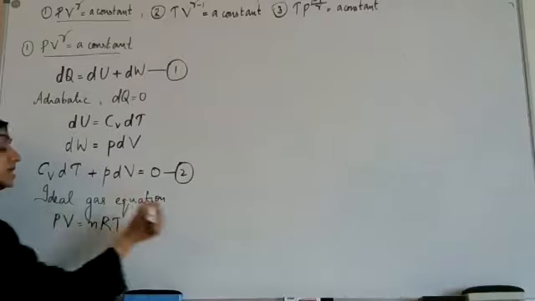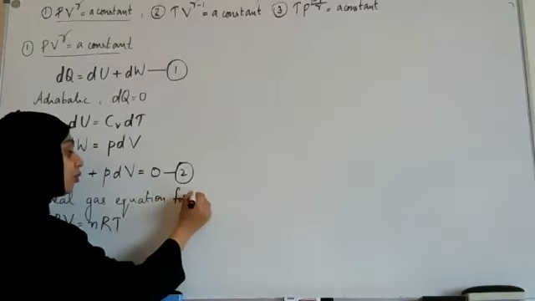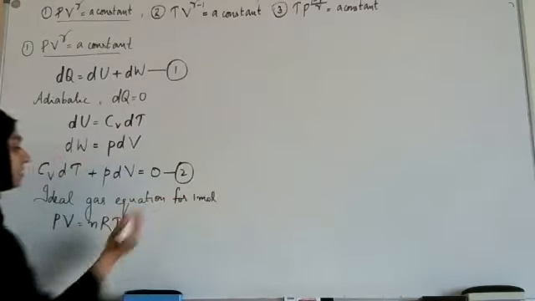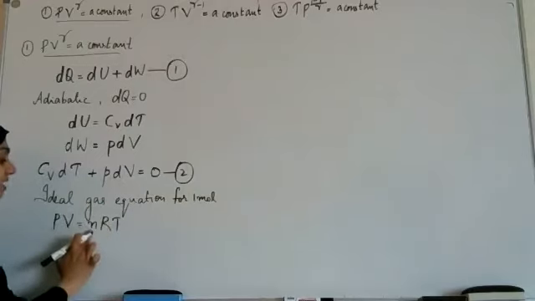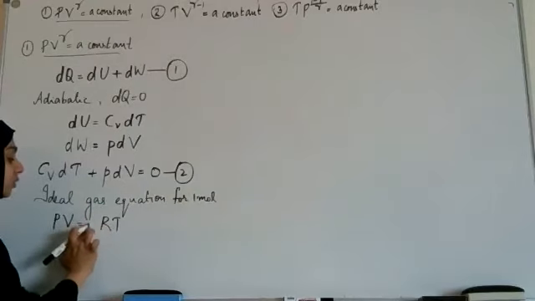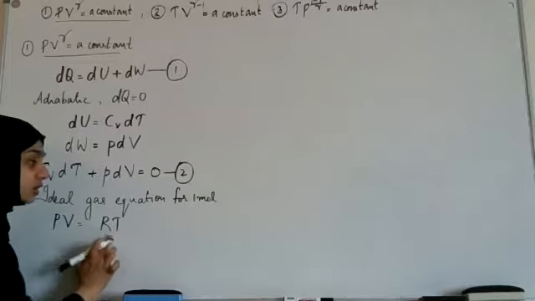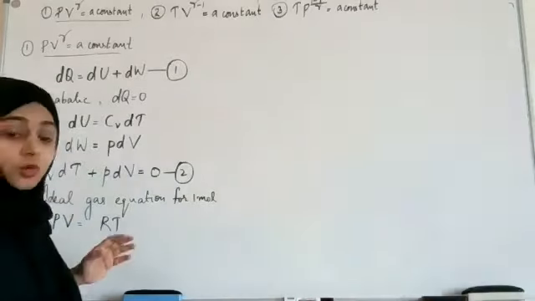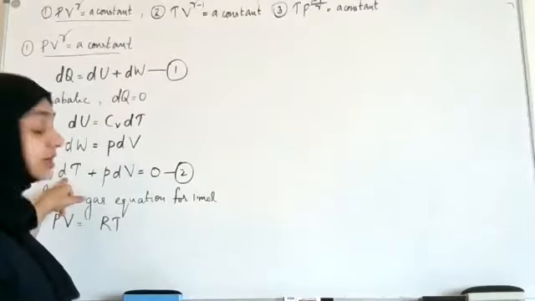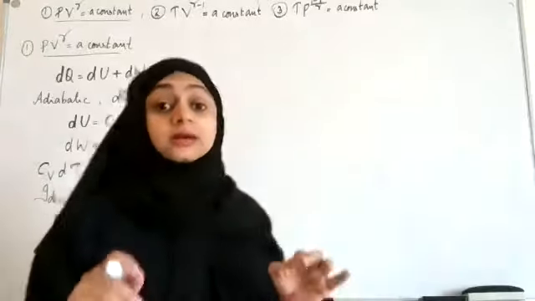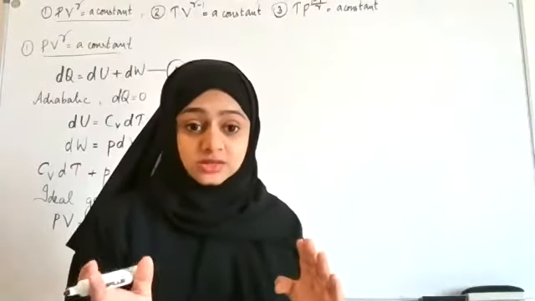Now, ideal gas equation for 1 mole of gas. For 1 mole of gas, n is equal to 1. So, the equation will become PV is equal to RT. Now, what I want to substitute here is not T. I want dT, right? Change in temperature.